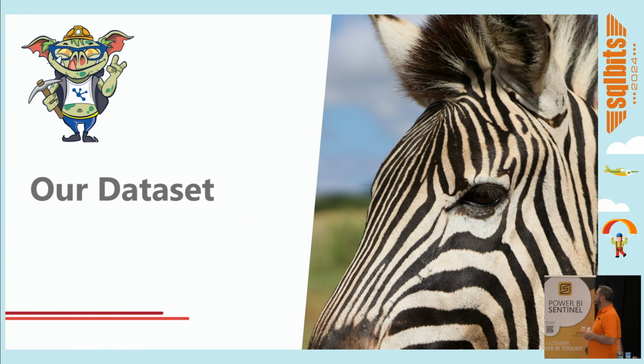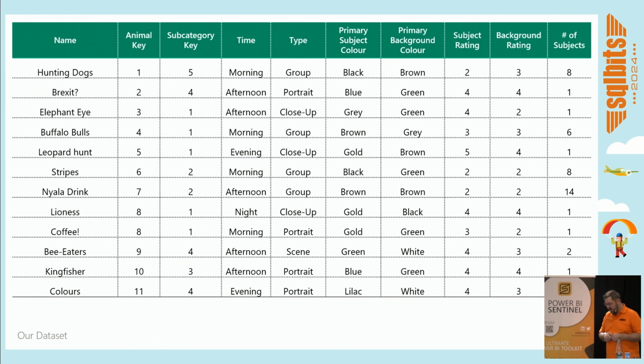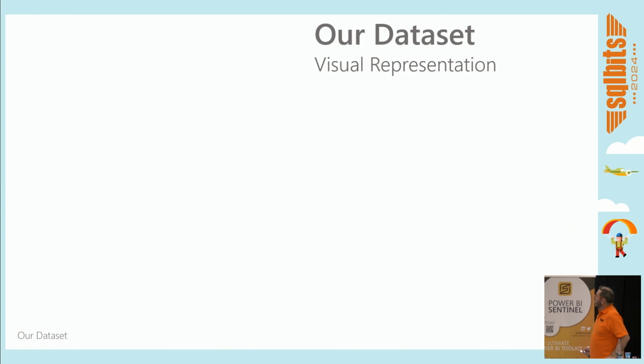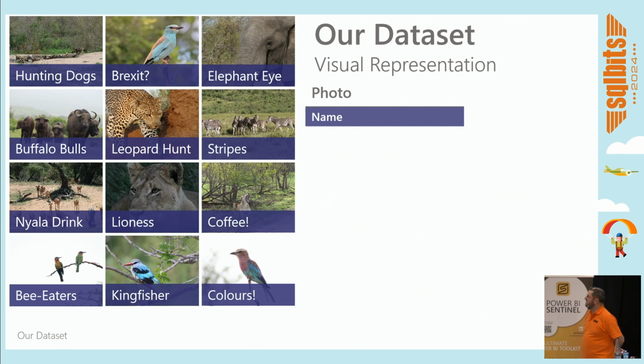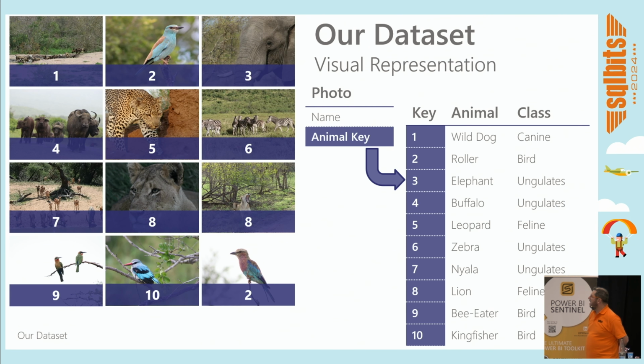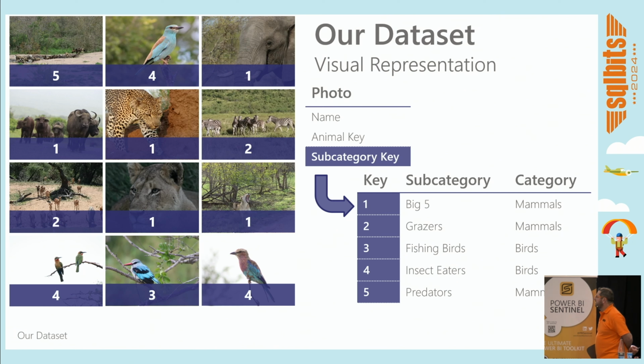Okay, so let's have a quick look at our data set that we're going to use for the rest of this talk. It's a really boring table when you look at it like that. It's a lot more interesting if we look at it like this, which is a series of 12 photographs. And these photographs have a bunch of attributes. We have things like what is the name of the photograph, what is the animal in the photograph, what is the subcategory.